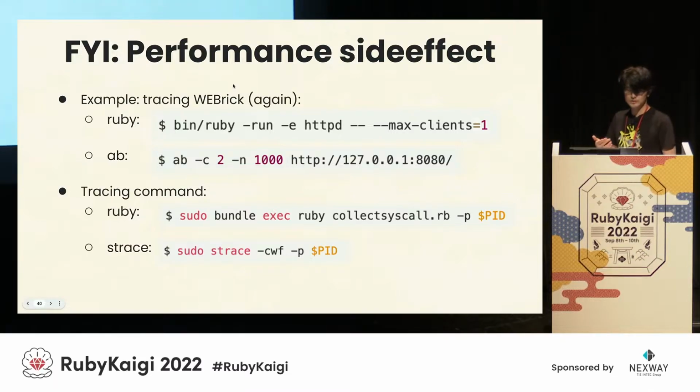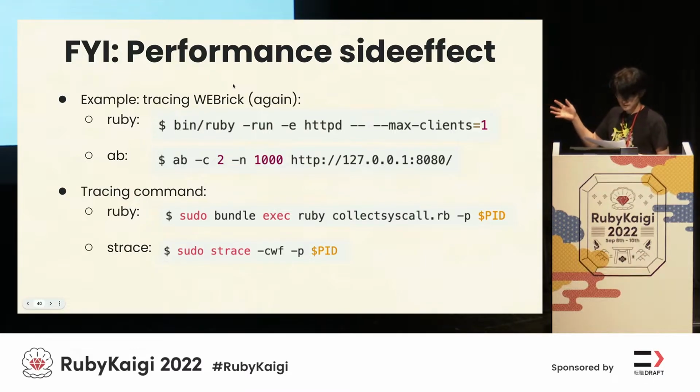For your information, I want to show the performance side effect of the tracer. Here are the parameters to experiment, and both Ruby and strace return the same output, right?